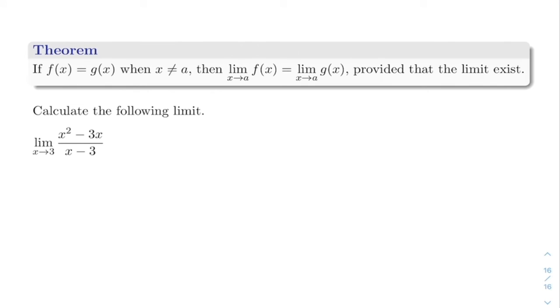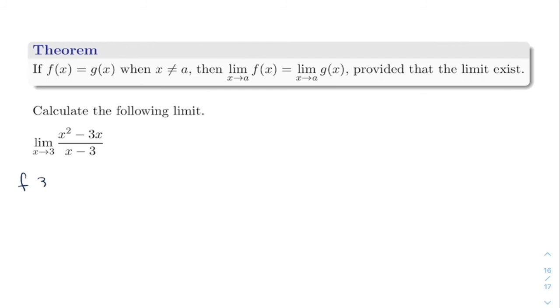So we want to calculate the limit when x goes to 3 of the function x squared minus 3x over x minus 3. To do so, let's start by seeing what happens with this function when x is equal to 3.